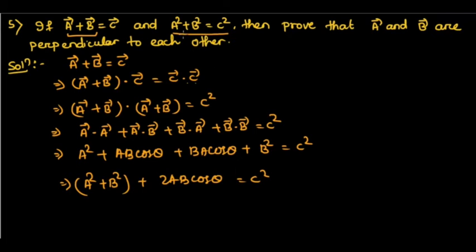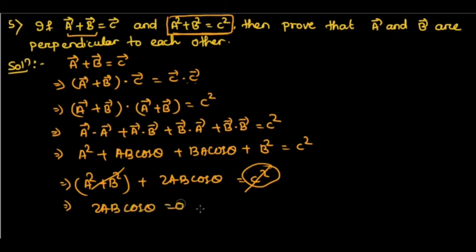But look at this condition given: a square plus b square equals c square. So on the right side we have c square, on the left side a square plus b square. They will cancel each other because c square is equal to a square plus b square. So I got that 2ab cos theta is equal to 0. That implies cos theta is equal to 0 by 2ab, which is 0.